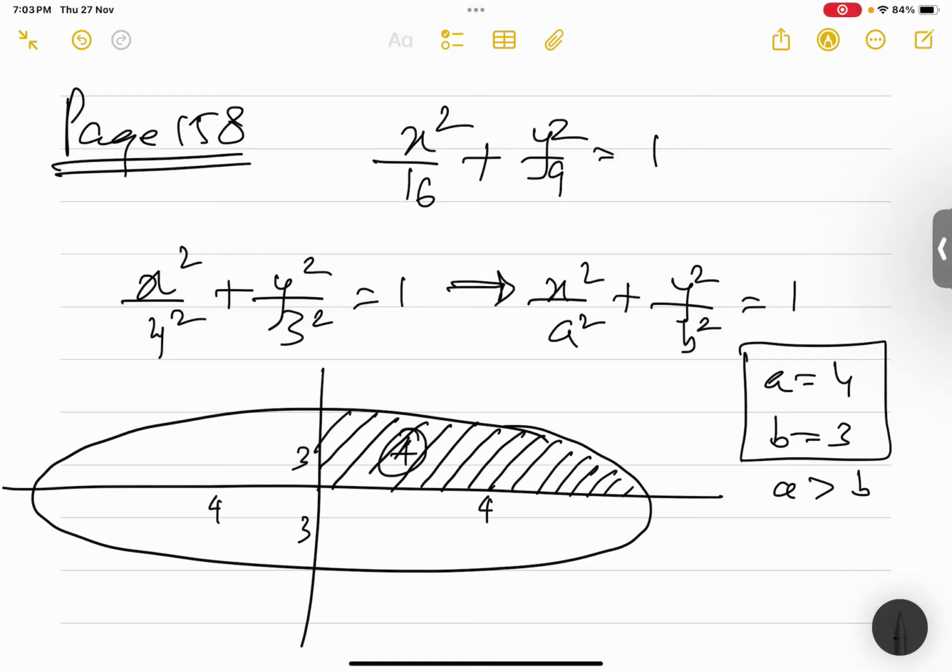This is A. Origin 0, 0. And this point is 4, 0. Copy.